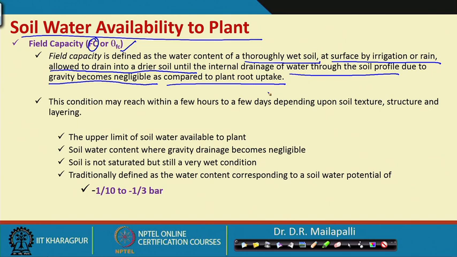Suppose you have rainfall today, so the soil is completely saturated, and after that event there is no rain, even overnight. The next morning you go to the field and check, and the soil is still wet. It is not completely saturated, but still wet. That condition is called the field capacity.